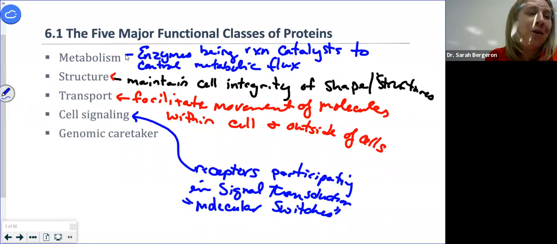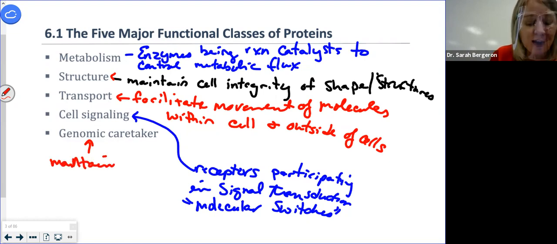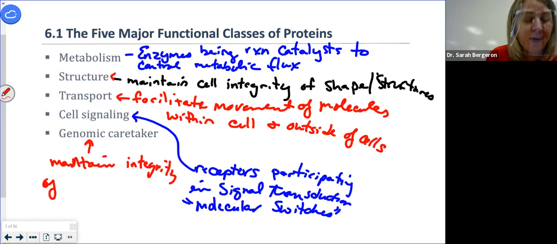Okay, and then genomic caretakers, right? We want to make sure to maintain the integrity of our genetic information. So is it being copied properly? Is it being stored properly? All of that is what genomic caretakers do. So maintain integrity and accessibility, right?